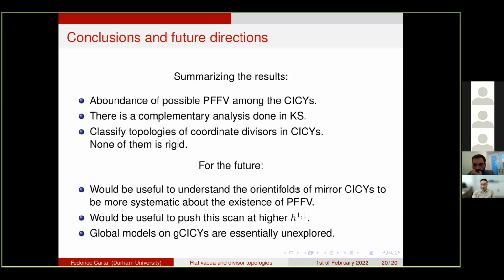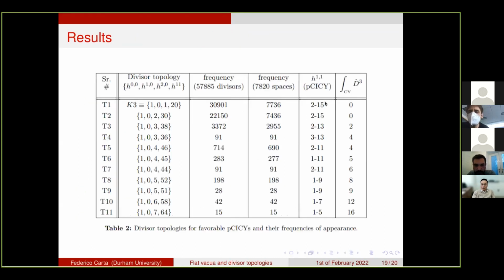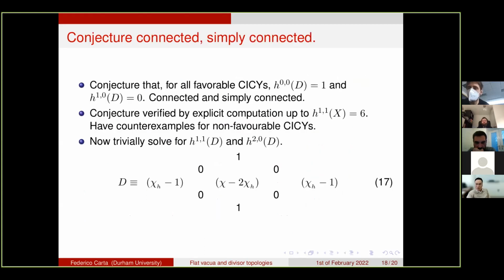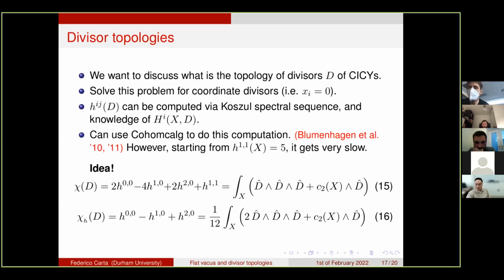Jakob. Hey, Federico, thanks for the nice talk. I had a question regarding the rigidity of divisors in CCs. So the hyperplane classes are all non-rigid, but there are often effective divisor classes in the Calabi-Yau that cannot be obtained by pulling back, by just intersecting a divisor of the ambient variety with X. I agree, yes.